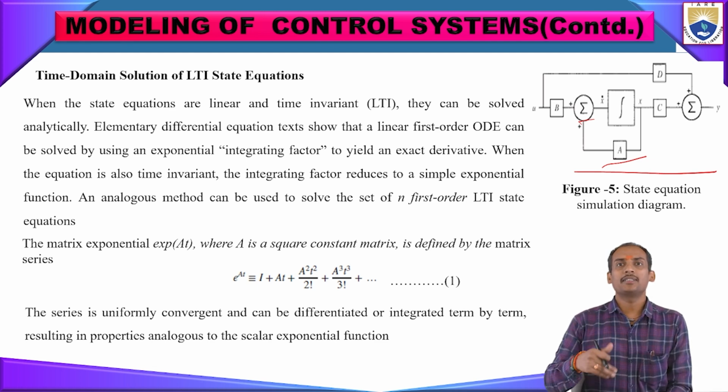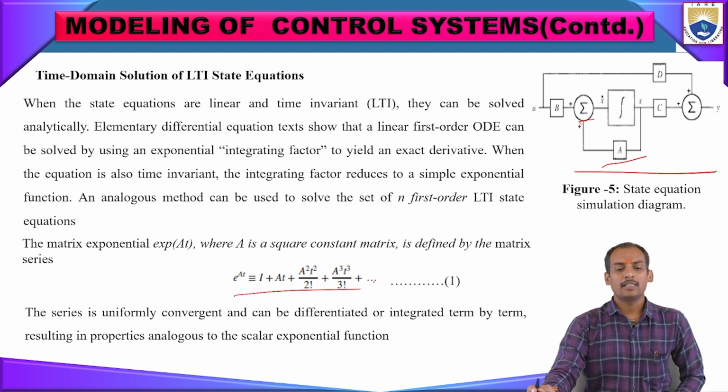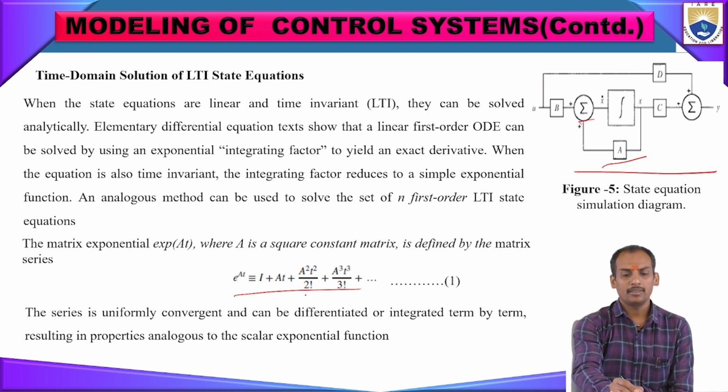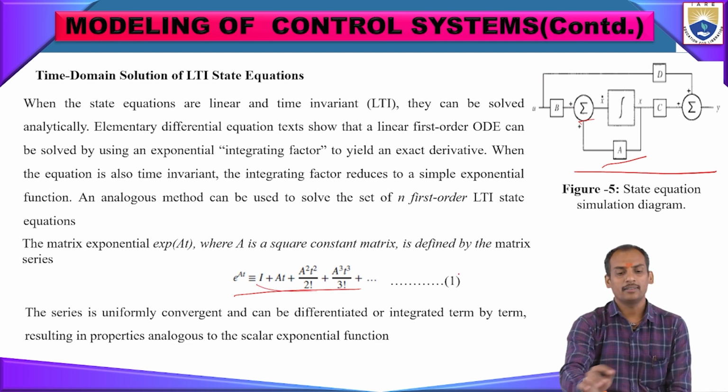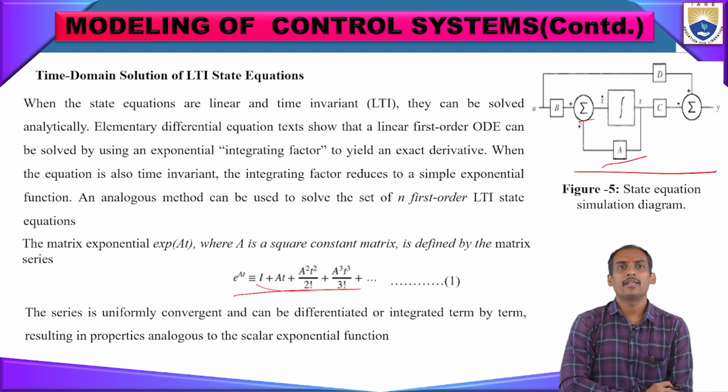For example, e to the power at has the expansion 1 plus at plus a squared t squared by 2 factorial plus a cubed t cubed by 3 factorial, and so on.